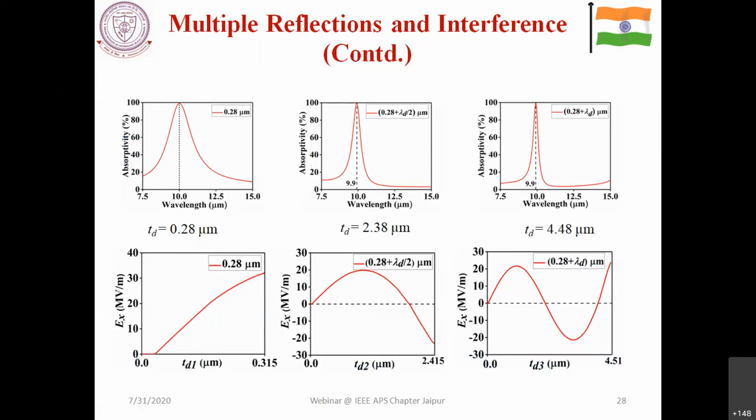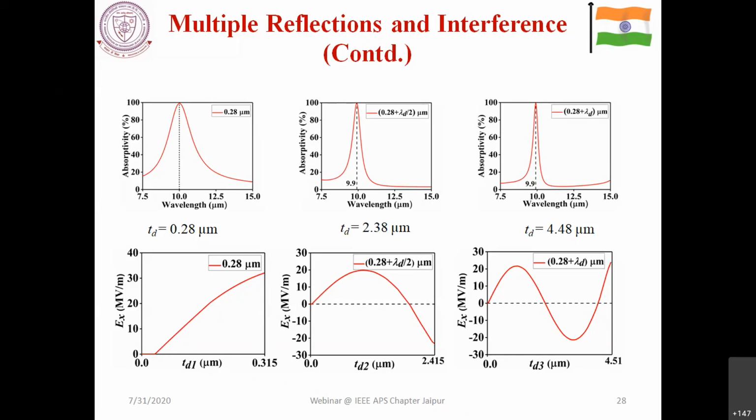So this TD1 is nothing but 0.28 micron. So you are getting some kind of non-zero value of Ex. So what does it mean? This means that the electric field is not getting zero because you are having a quasi-open boundary over there, right? It is not closed, okay? You are having a quasi-open interface at the top surface. But on the bottom surface, you are having a complete metallic layer. That's why the electric field is zero, right?